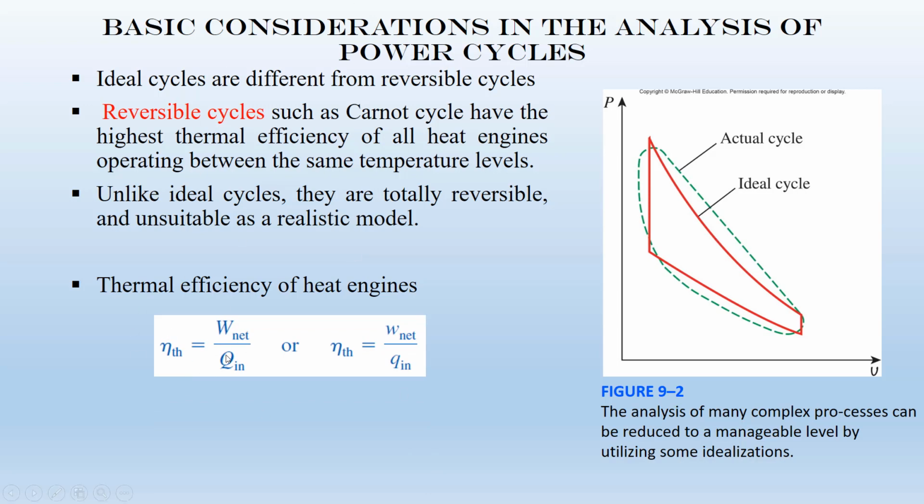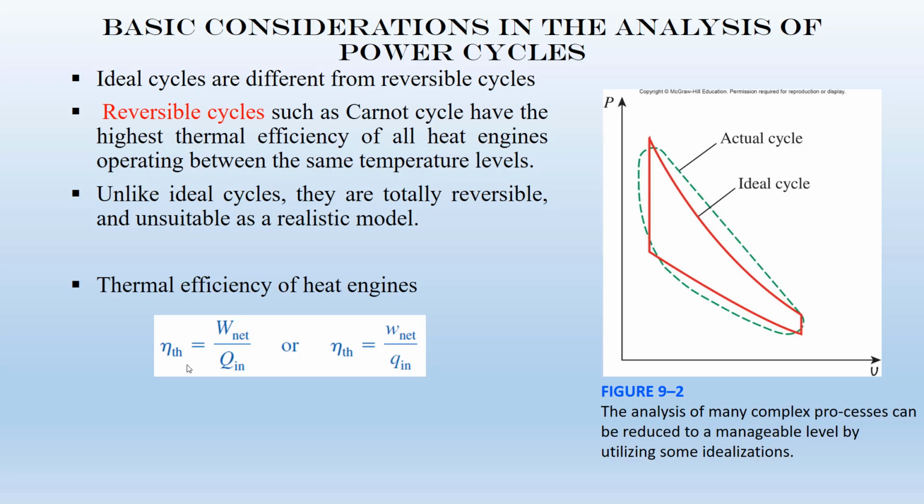You can also write it based on unit mass, both W and Q. So, just think about the relationship between the efficiency of actual cycle, ideal cycle, and Carnot cycle, based on this definition.